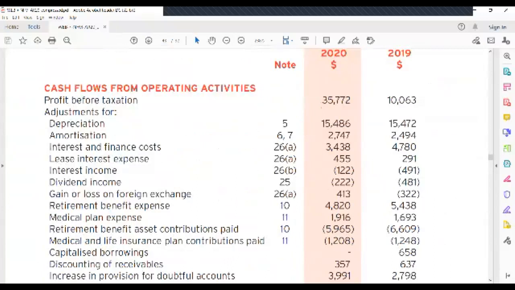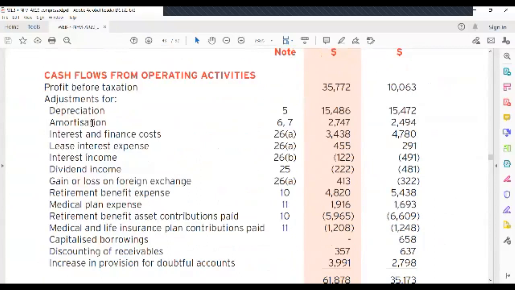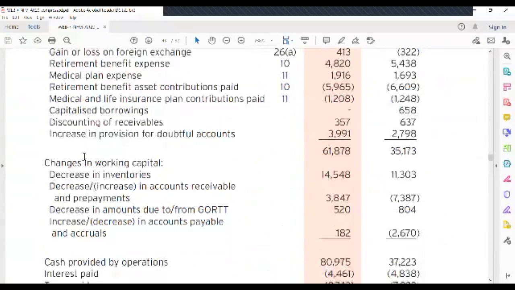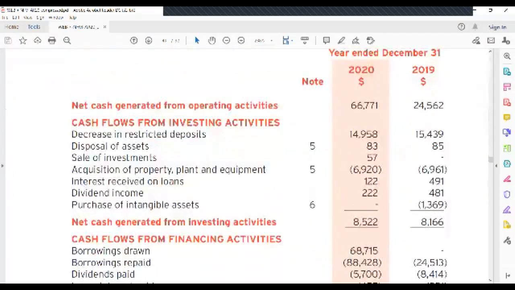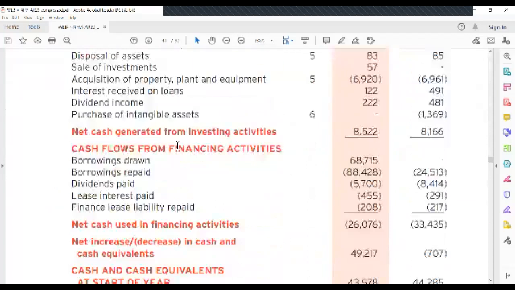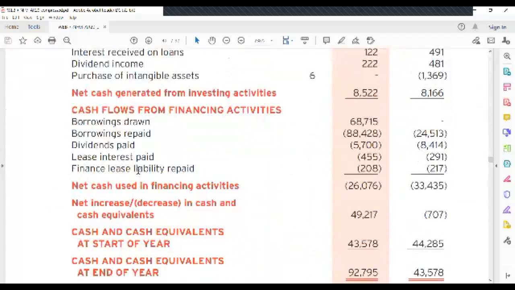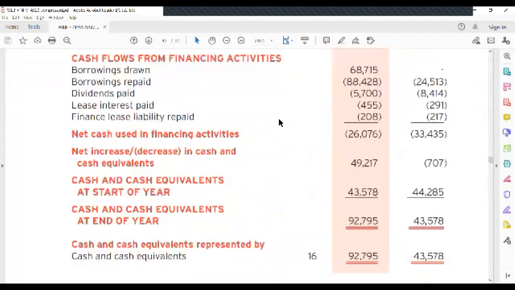It starts with the profit before taxation, and we make adjustments for those items that are not cash items: depreciation, interest, dividend income. Net cash generated from operating activities, right? And then you will have next investing activities, and then financing activities. Now take your time and review them as this is attached to your course shell.